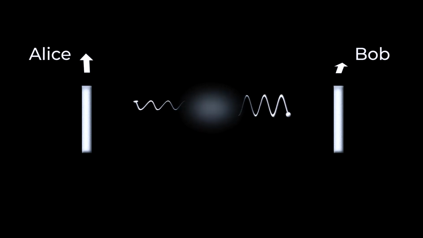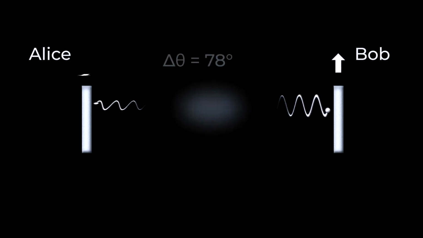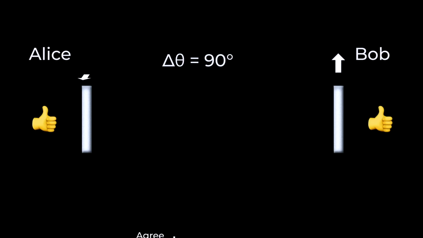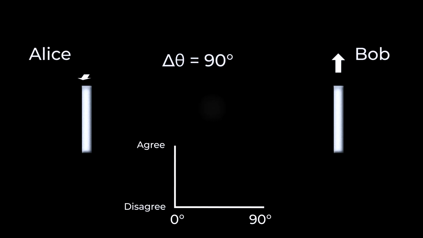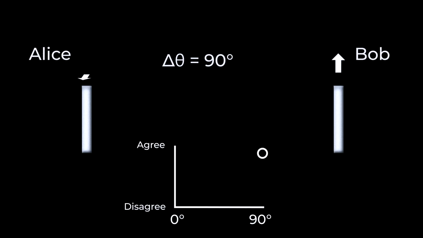What we're interested in doing here is counting how frequently Alice and Bob agree on whether they've seen or not seen a photon. If Alice and Bob perfectly anti-align their polarizers, then they should always both either see a photon or neither one should see a photon. They should always agree on whether photons arrived or photons didn't arrive.